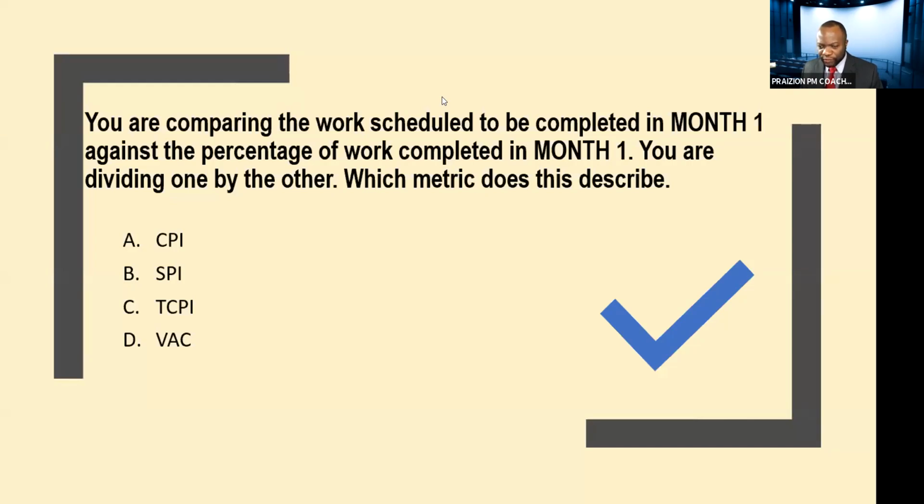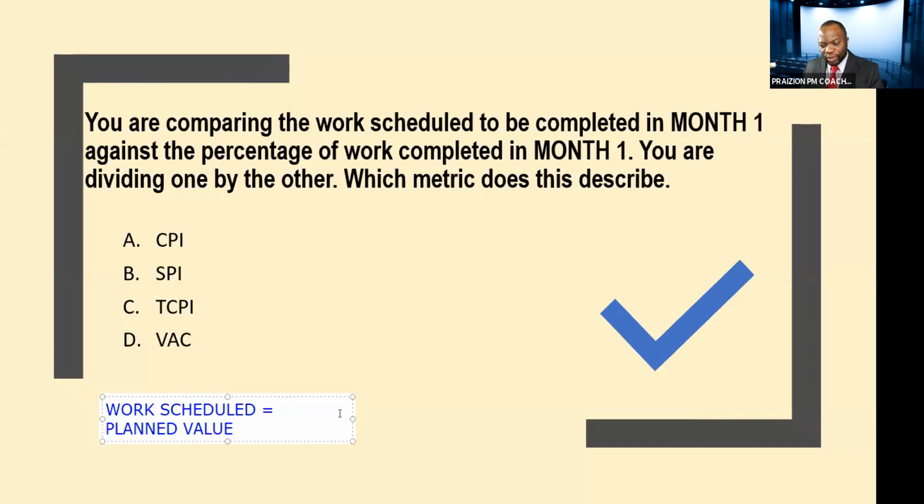And the majority of the folks chose B. And let's see, it says you are comparing the work scheduled. This is a learning point. Anytime you hear the term work scheduled, not work performed, work scheduled, this is a pointer to the planned value.